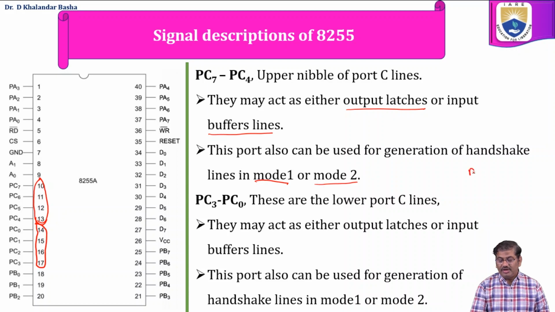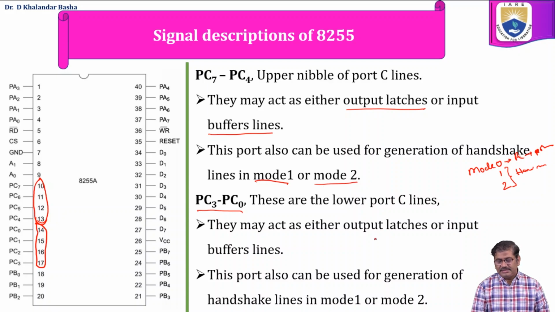8255 in total we can use as mode 0, mode 1 and mode 2, where in mode 1 and mode 2 handshake signals are required, whereas in mode 0 the port C will act as the data transfer port. Now coming to the lower port of port C, that is PC3 to PC0, these are the lower port C lines.